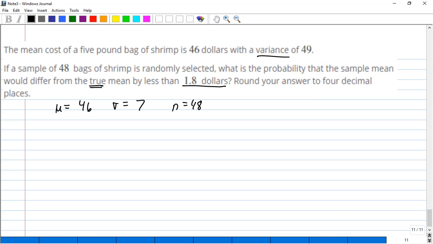Now, differ from the true mean. It tells us the true mean up here. The mean of a 5-pound bag of shrimp is $46.